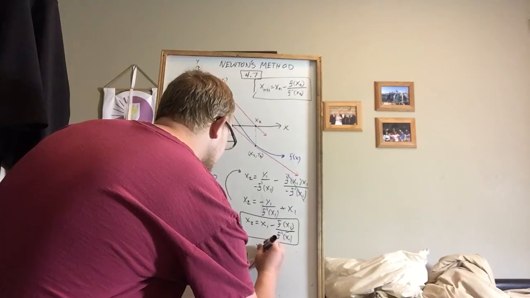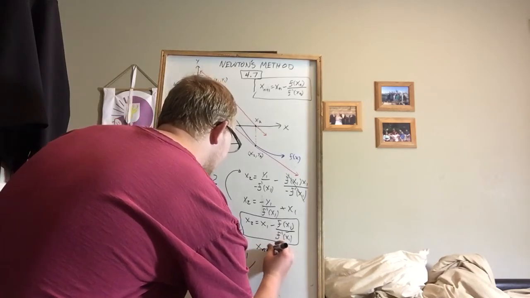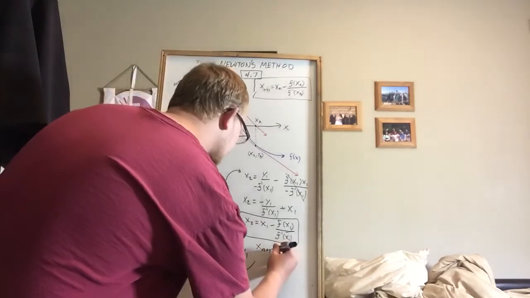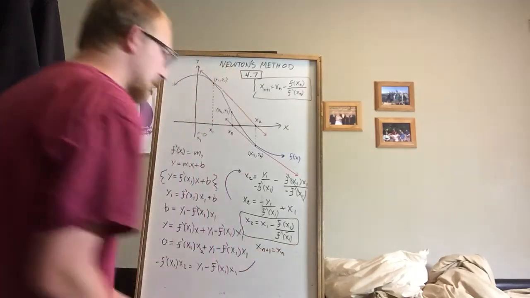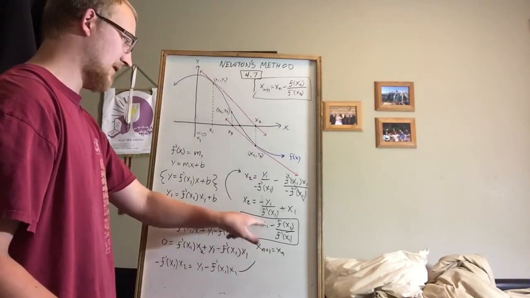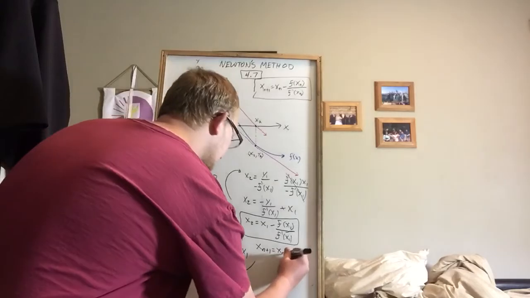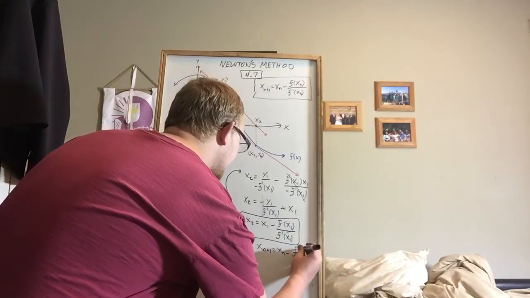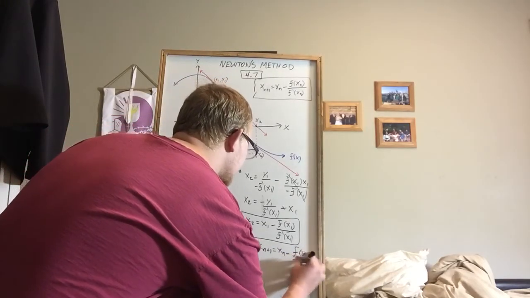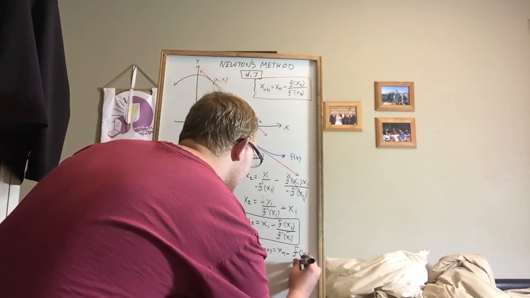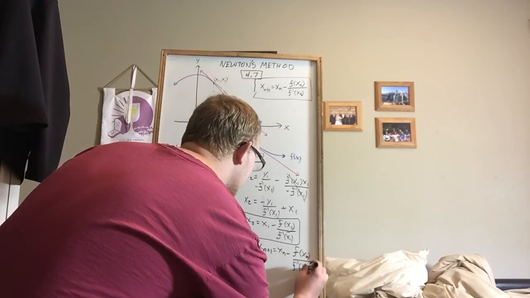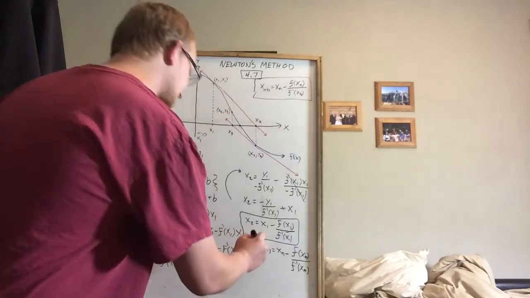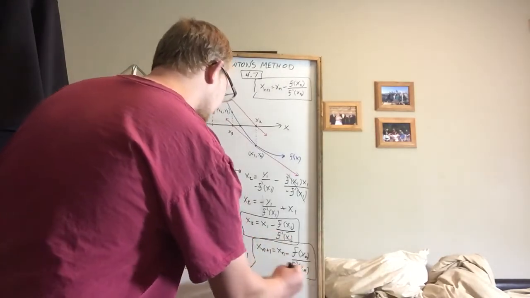So we'll write that as xn plus 1 to indicate that it's always larger by 1 than x to the n. So x to the n plus 1 equals x to the n minus f of x to the n divided by f prime of x to the n. And as you can see, that's the exact same formula we have up here.